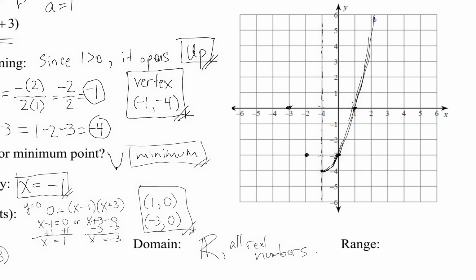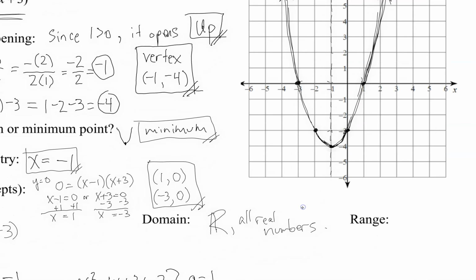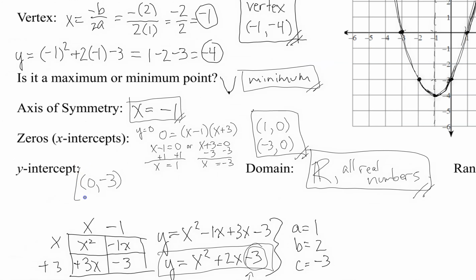The other parts of the graph might look a little bit flat, but even those curve slightly. And then we draw arrows on the end to show that this graph continues on upwards. And it has, as we pointed out already, a minimum. I forgot to put a box around my y-intercept.